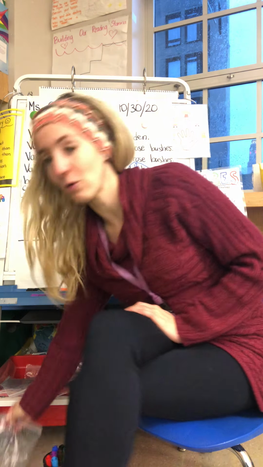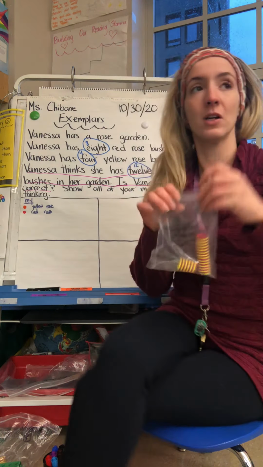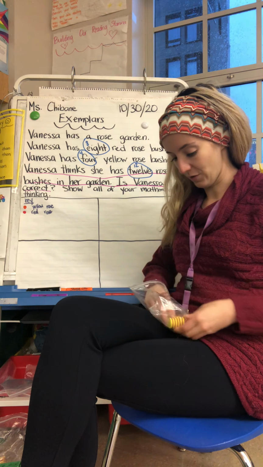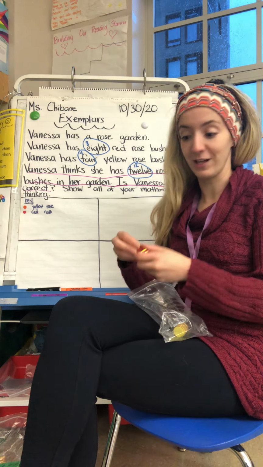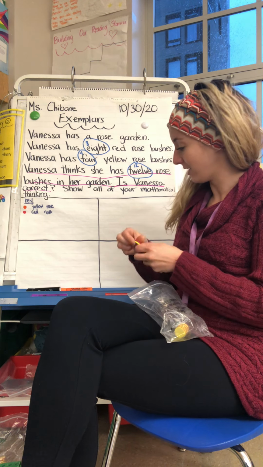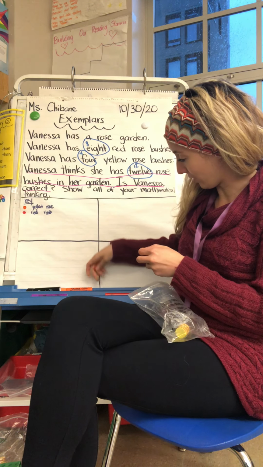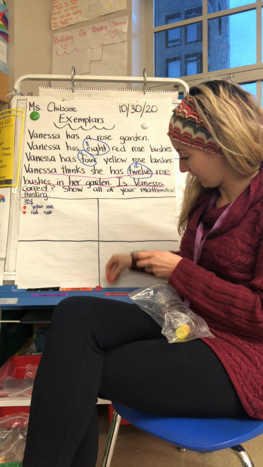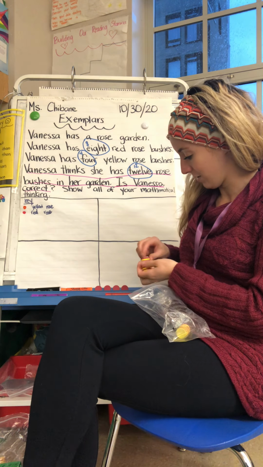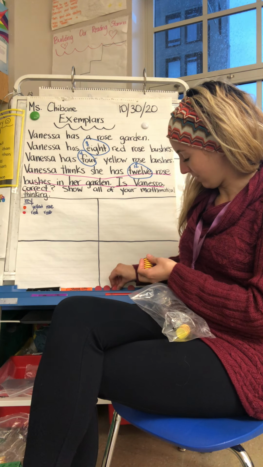Well, you know what? I'm going to use my counters to help me so that I can see it. And look at that, they're yellow and red. So, 8 red rose bushes. It might be a little hard to see here. Oh, and they are magnetic.